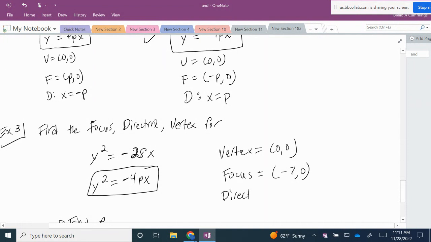And the directrix is x is equal to 7. All right, so you simply choose your model form, solve for p, and substitute p into your formulas.